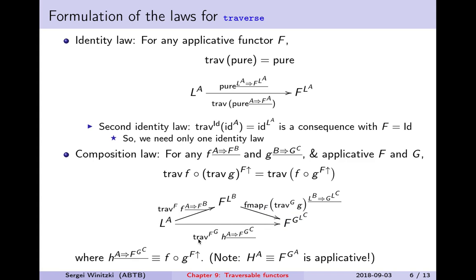Or we could directly traverse on the function h with respect to the functor f of g, which is a functor composition. So the functor h could be defined like this as a functor composition of f and g, and we know it's applicative.